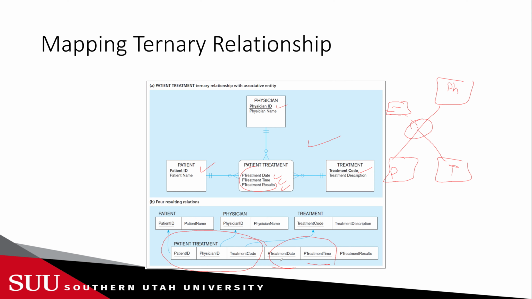Now again, the reason for having these is I don't want to have repeated record with the same date and time. That's why they assume that I need to have at specific date, a specific time, only one treatment. And this is again an assumption from the ERD that you don't have to worry about.